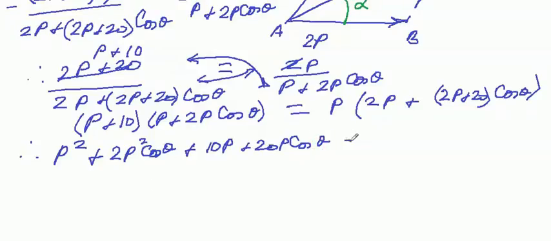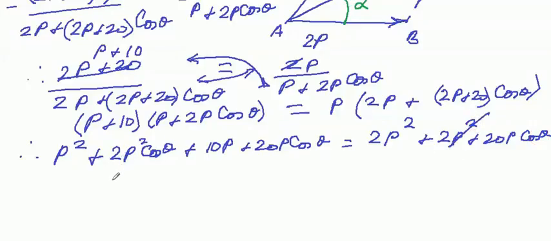That's equal to 2P square plus 2P square cos theta plus 20P cos theta. So 2P square cos theta will cancel with this 2P square cos theta, and 20P cos theta will cancel with this 20P cos theta.